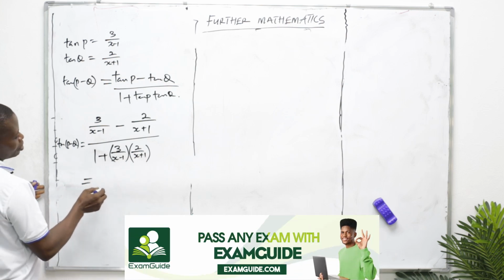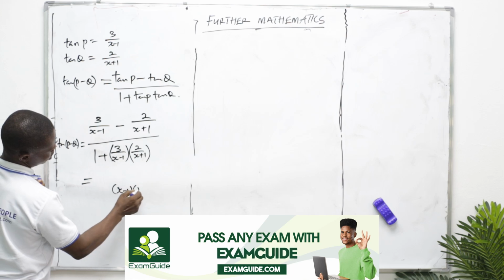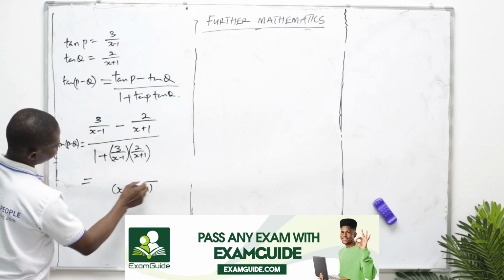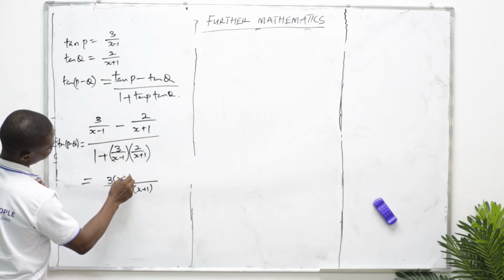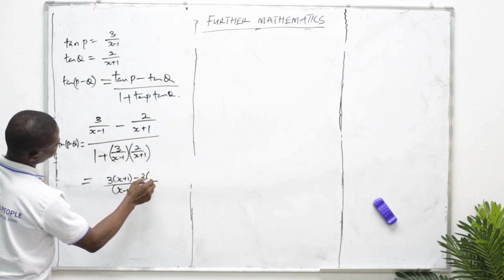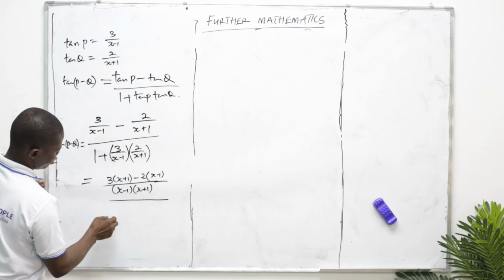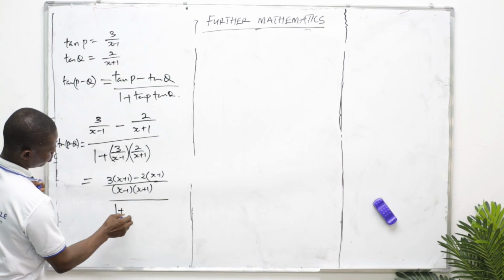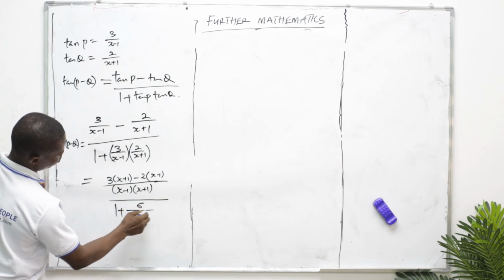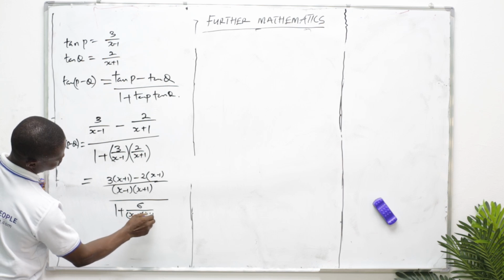This will give us LCM as x minus 1 into x plus 1. This coming here, this is 3 into x plus 1 minus 2 into x minus 1 divided by 1 plus 6 all over x minus 1 into x plus 1.